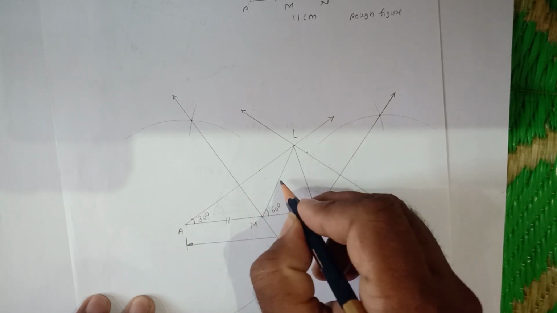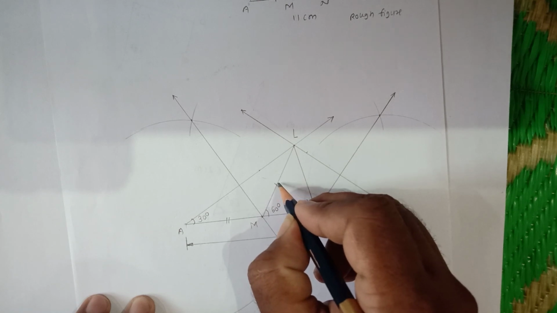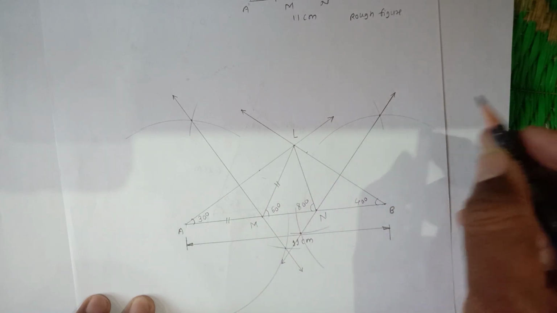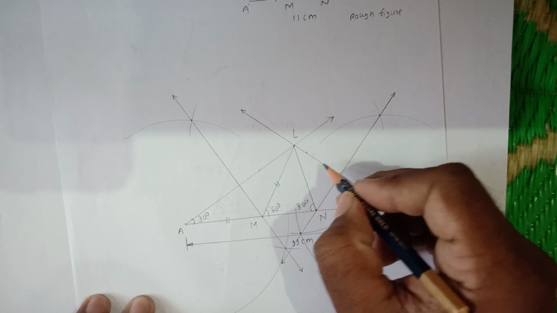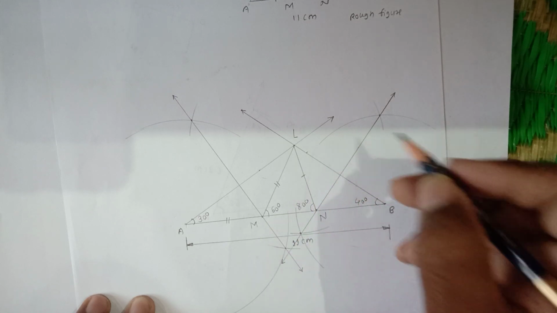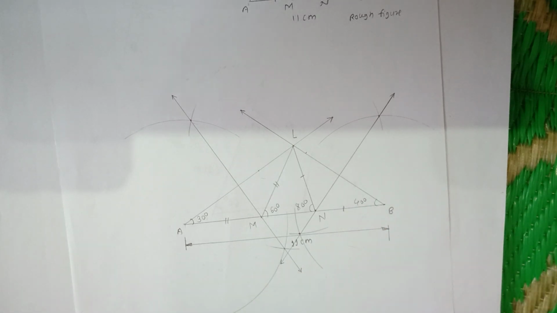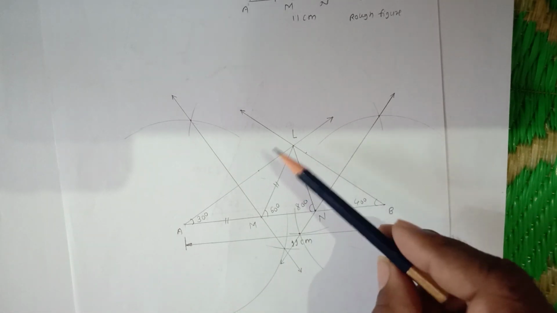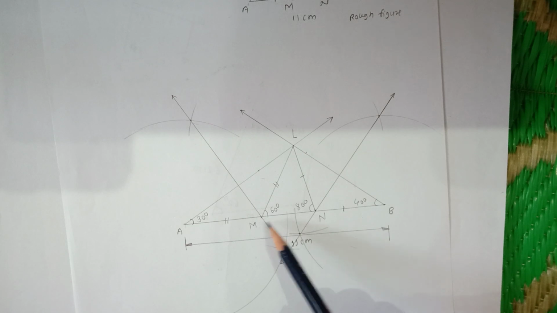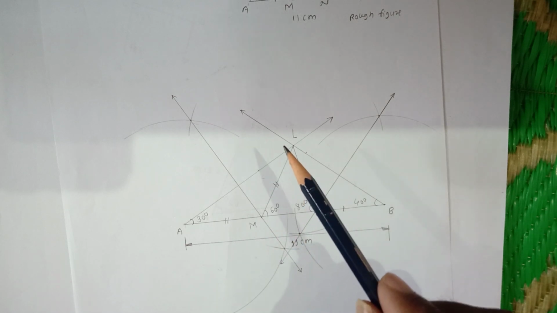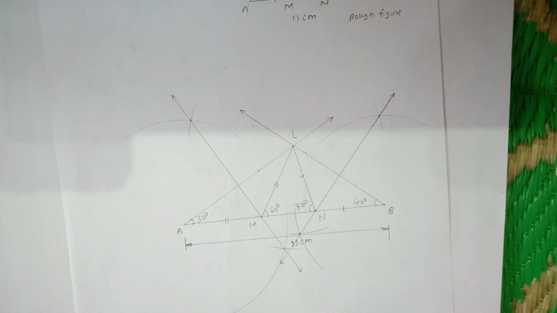AN and LM congruent. Now LN and BN congruent. In this way we have drawn triangle LMN by given information.